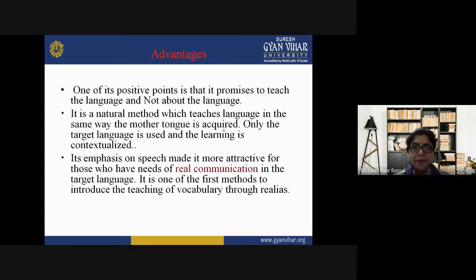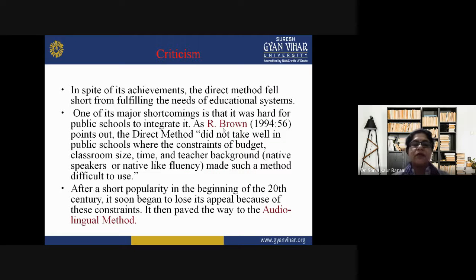All right. Now let's have a look at some criticism. In spite of its achievement, the direct method fell short of fulfilling the needs of the educational system. So it is fine. The teacher is working so hard to teach the students the direct language.